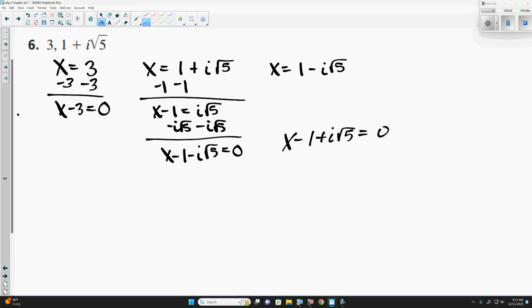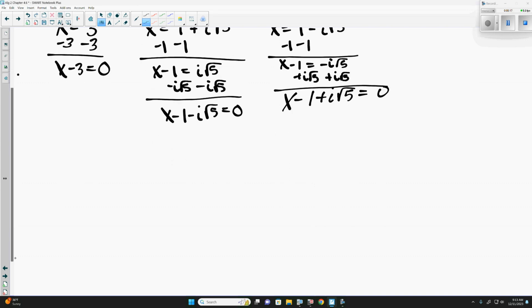Now we can do this one step at a time because we could subtract 1 first, telling us we have x minus 1 equals negative i square root of 5. But then to get it equal to 0, we would add i square root of 5, giving us this here.